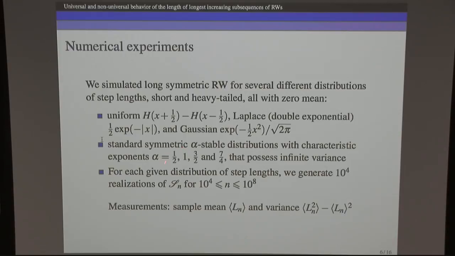These two here don't even have the first moment: a Cauchy and a very heavy-tailed distribution. They are long, up to 100 million steps, and sampled a lot to have good statistics, 10,000 samples of each one. I calculated the longest increasing subsequence, accumulated it as a histogram, and simply measured the first and second moments.